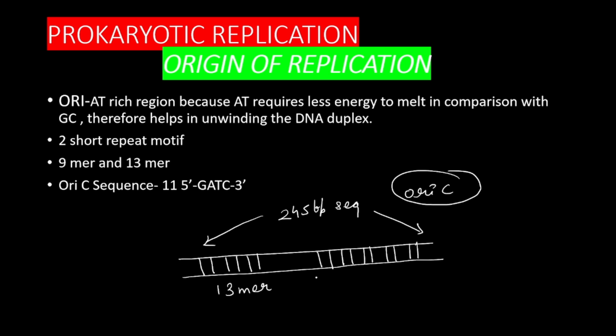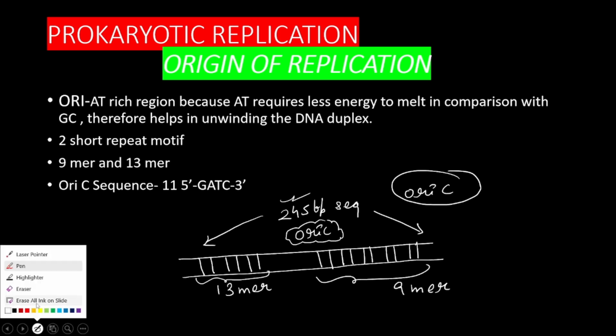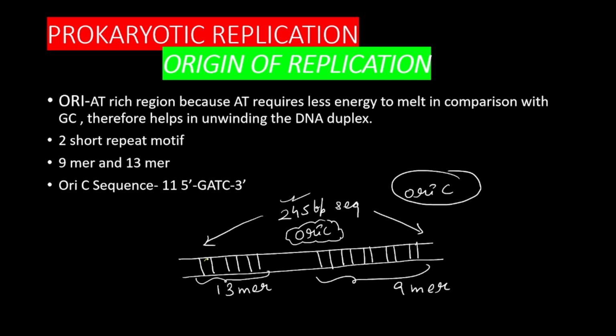These are the units present in the origin of replication, that is ORI-C, and ORI-C constitutes 245 base pairs. So these are three units.